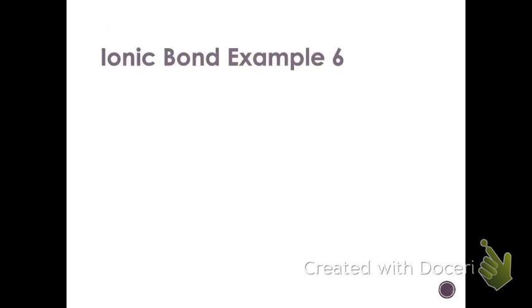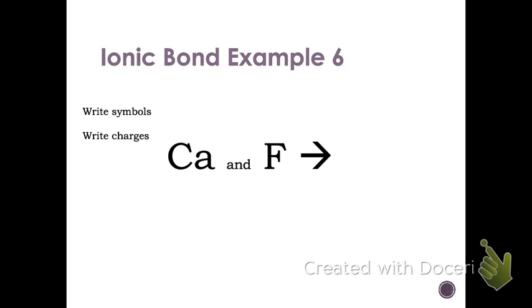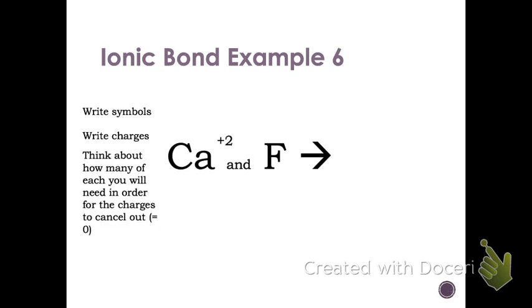All right, so here's example 6. We're going to do a compound between calcium and fluorine. We're going to write in our charges. And then we're going to think, well, how many is it going to take for my charges to cancel out? So it's going to take 1 calcium and 2 fluorine.